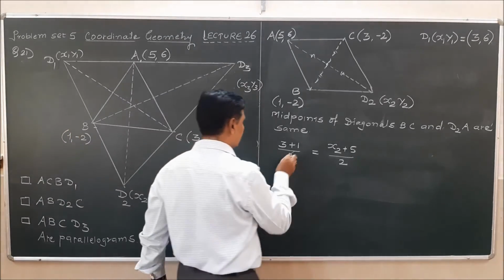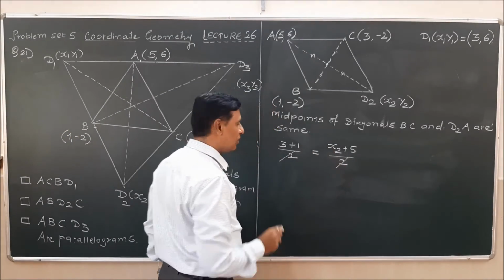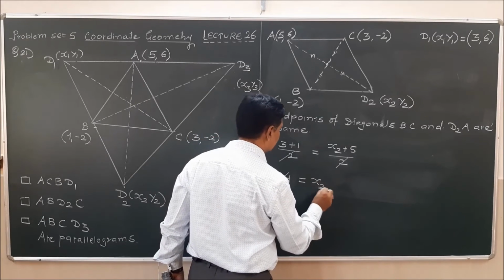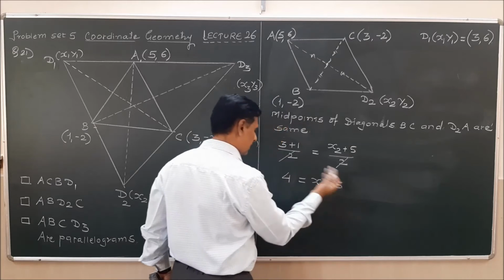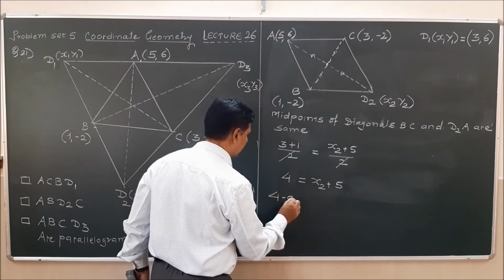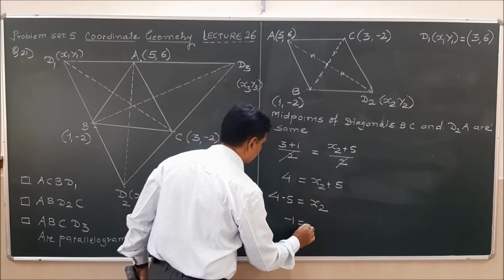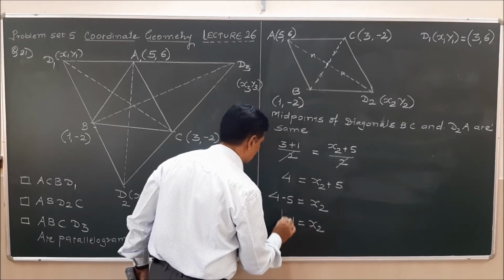Correct? 2 and 2 will get cancelled. You will get 4 is equal to x2 plus 5. Transfer 5 to the left hand side. Minus 5 is equal to x2. Therefore, minus 1 is equal to x2.